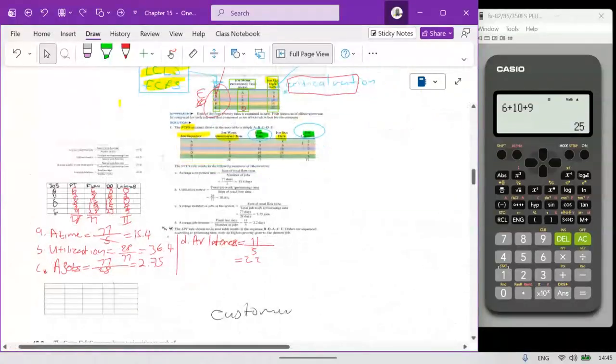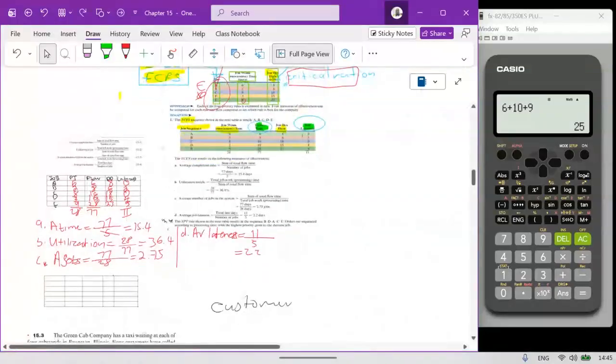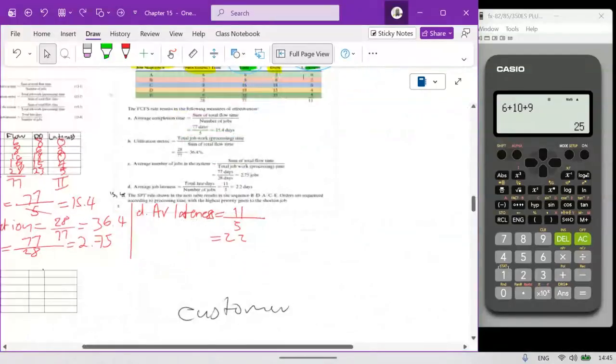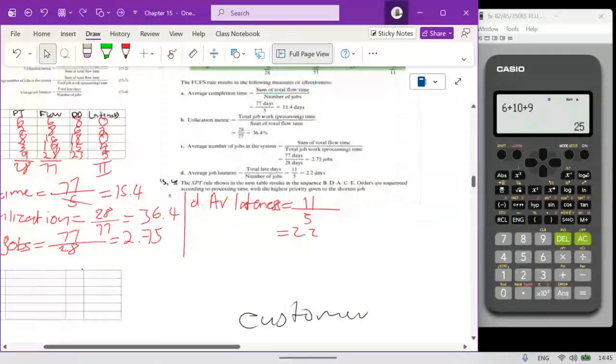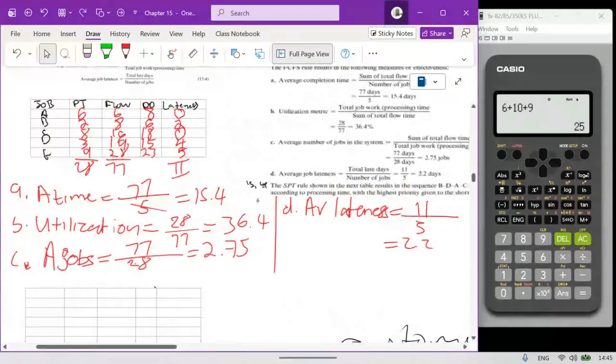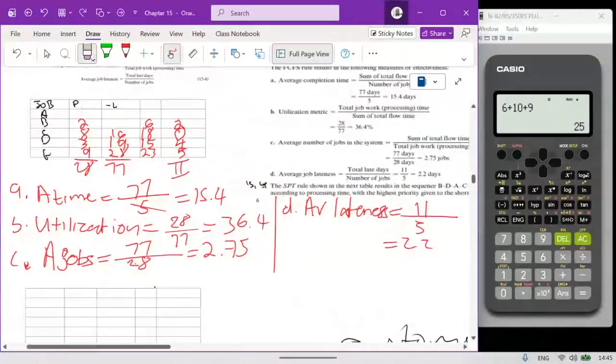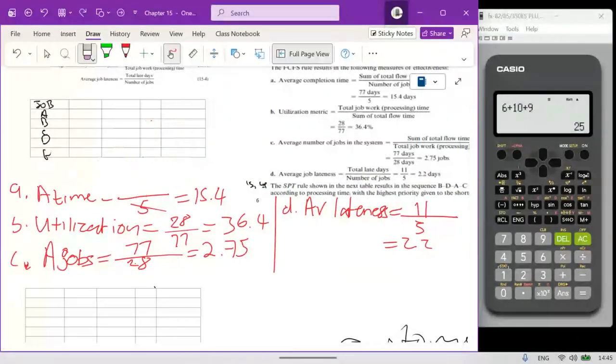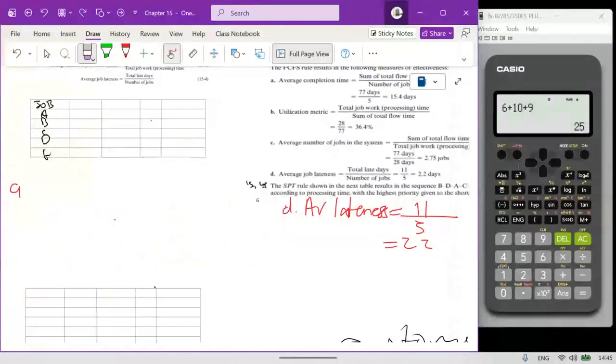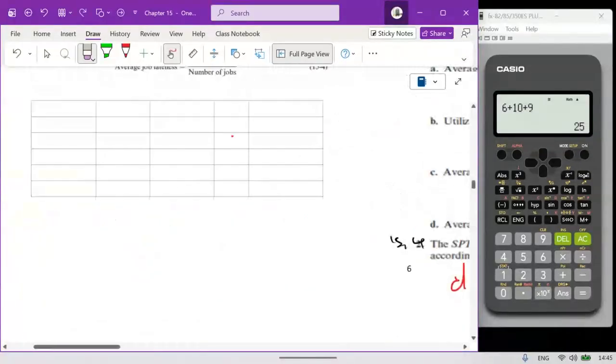Okay. I have to zoom. On your table, we're going to use first come, first serve.